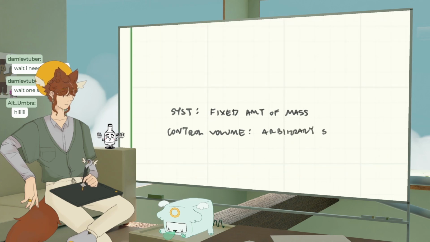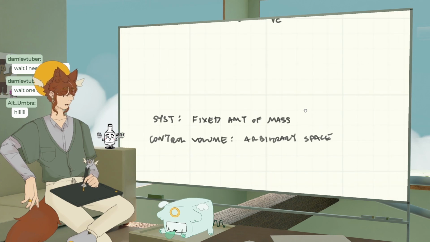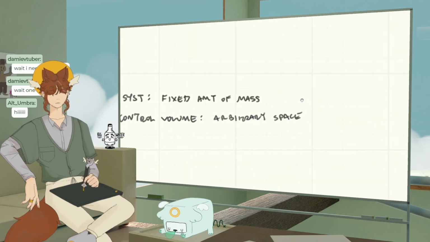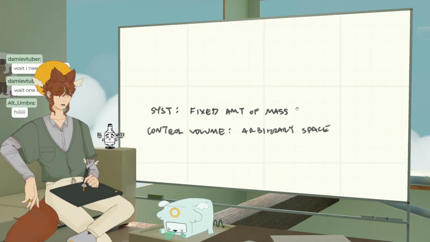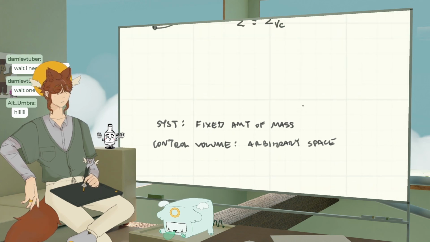Arbitrary in the sense that it can be a lot of different things. It doesn't have to be one thing. And this arbitrary space is going to have mass moving into it and mass moving out of it. That's really the whole basis for control volume analysis: stuff is going into it and stuff is coming out of it, and we just want to keep track of what's going in and out. And you can do a lot with that.